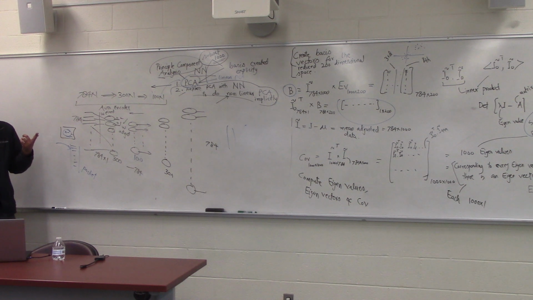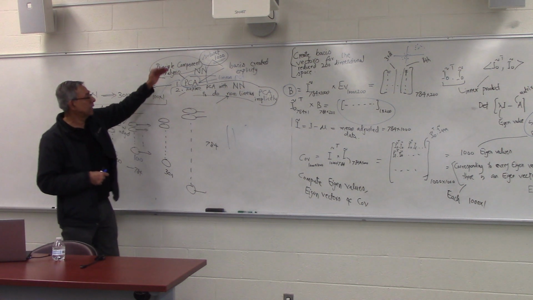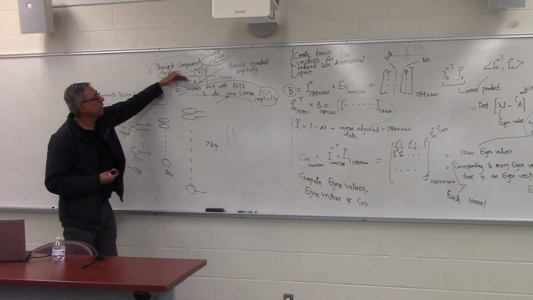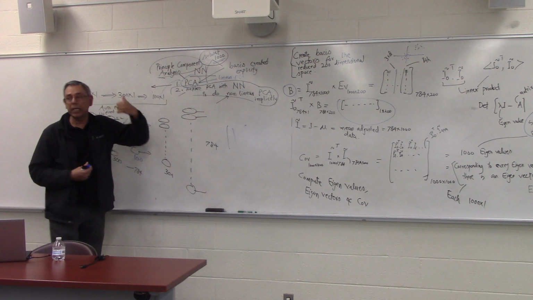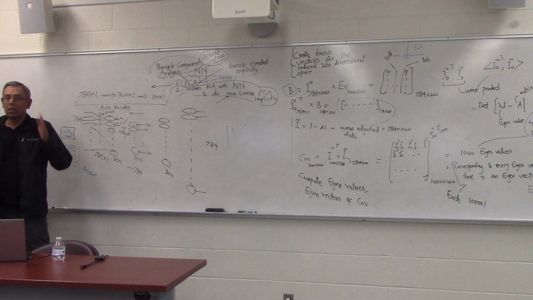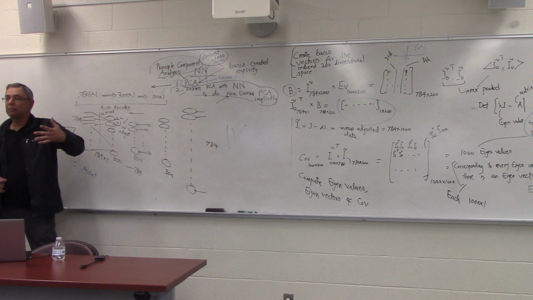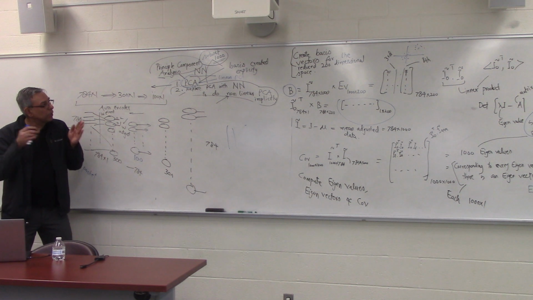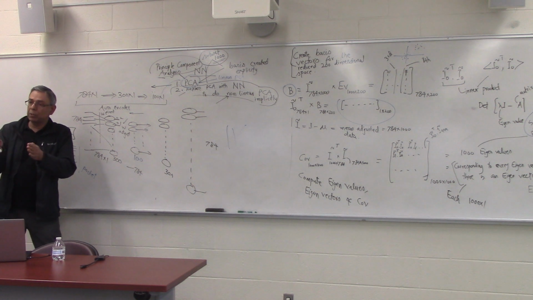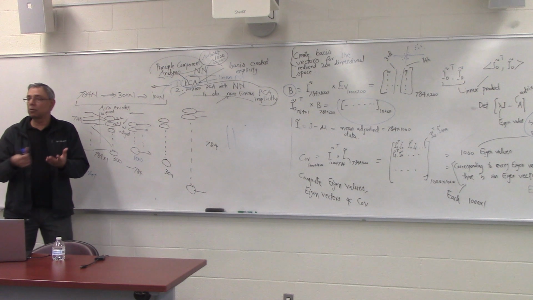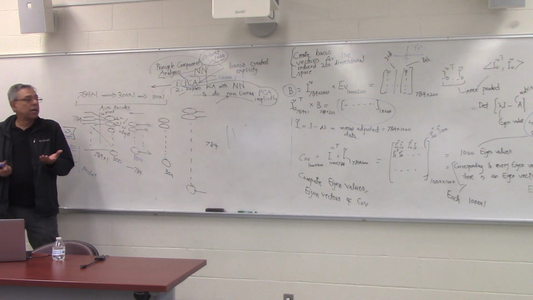So the important thing for you to remember is, once again, let me summarize. We can create the basis vectors ourselves by following the eigenvalues and eigenvectors. And once we have the basis vectors, any input data can be reduced into a lower dimensional space.